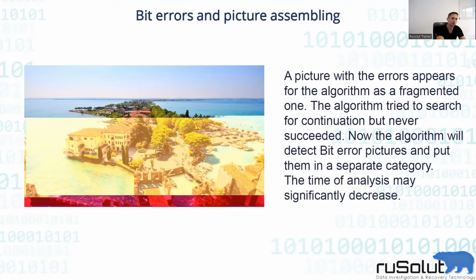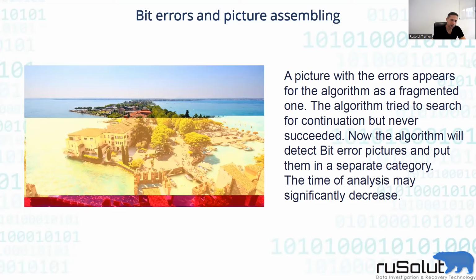If you have a case with many bit errors, the time of analysis may increase, because the assembler will try to find the end of this picture, but it will never succeed, because the end of the picture is here. It will keep looking and spend time on this, and finally it will say that this picture is unrecoverable. So the picture will not be recovered, but time will be spent for nothing.